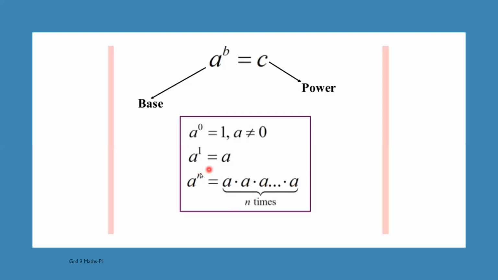So imagine if this n was 3, a to the power of 3 means 3 times we must multiply a times a times a. You should remember these rules, guys, from exponents, because we did all of this when we did exponents. All right, so let's continue.